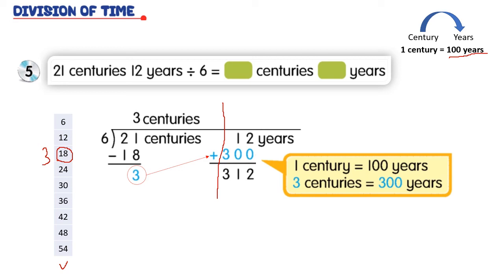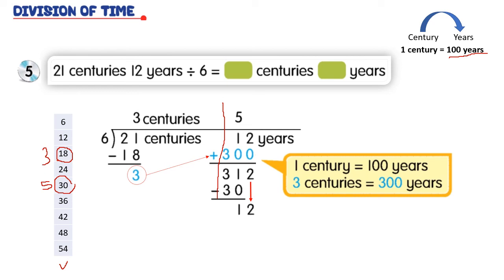So 31. Okay, 3 divided by 6, 3 is smaller, so continue to 31. In table 6 there is no 31, but the nearest is 30. So 1, 2, 3, 4, 5, it is 5. So put 5 at the top like this, and then don't forget to write again 30. Now 31 minus 30 is 1. Okay, bring down 12.